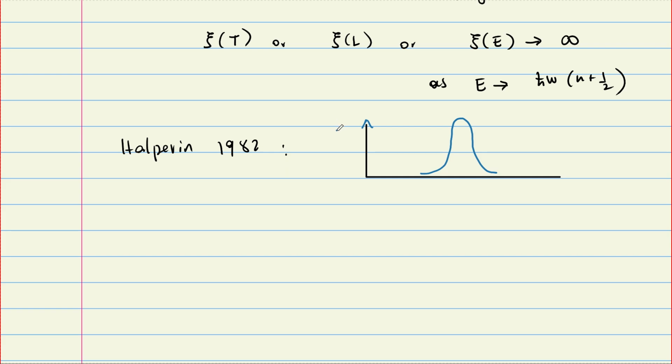This is density of states, this is energy, and this point is some h bar omega n plus a half. Halperin suggested that all states are localized except one in the middle of this Landau level. So this one is delocalized, and all these blue regions are localized.